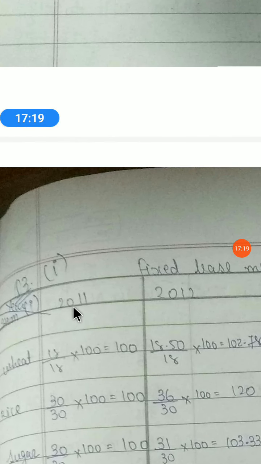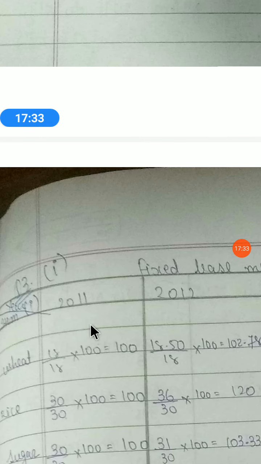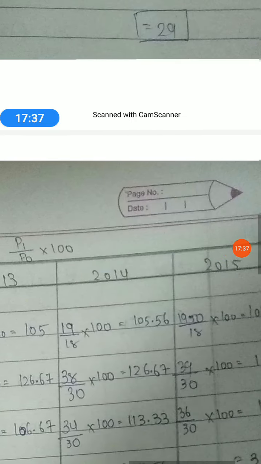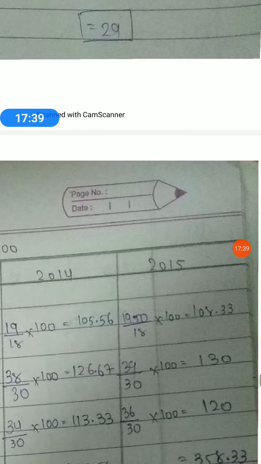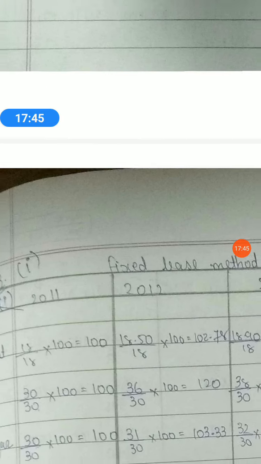The table is given in a different form. We will also prepare the table in this form. First the item, then we make columns for the year 2011, then 2012, 2013, 2014 and 2015. We prepare a table in the form that is given.